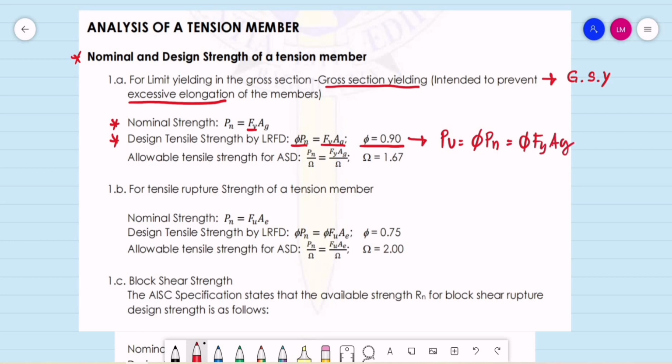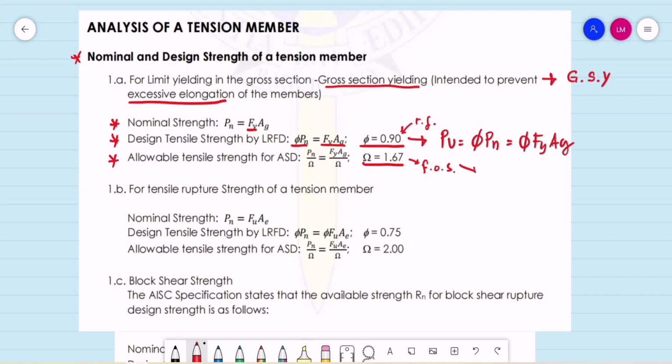Then this is for the ASD, the allowable tensile strength, that is P sub n over omega. The value of omega will be equal to 1.67. So 0.90 is a reduction factor, while 1.67 is the factor of safety.